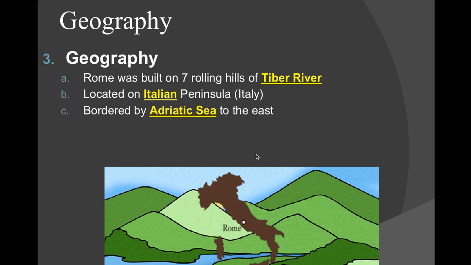Think about proximity, closeness to the sea. Think about the Greeks and how many of their city-states were close to the sea, and what did that mean for the economy and for trade for the Greeks, and now think about it for Rome on the Italian peninsula.